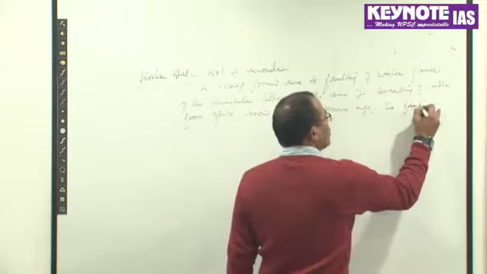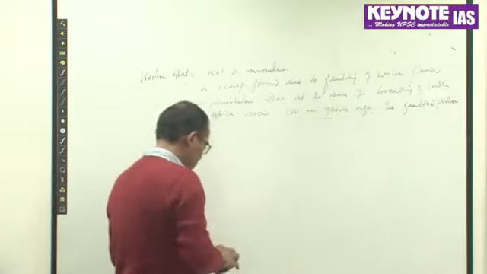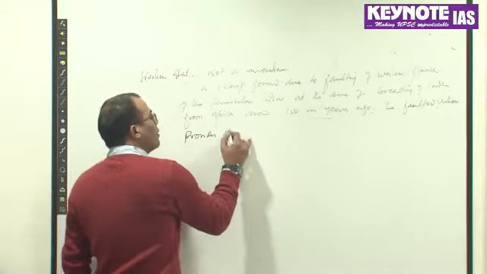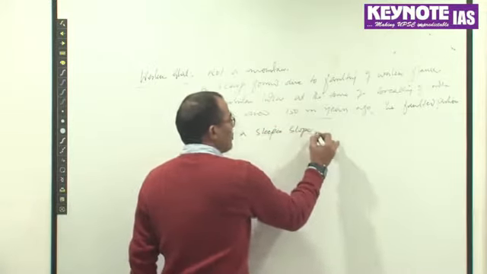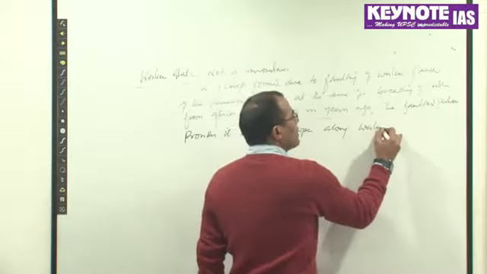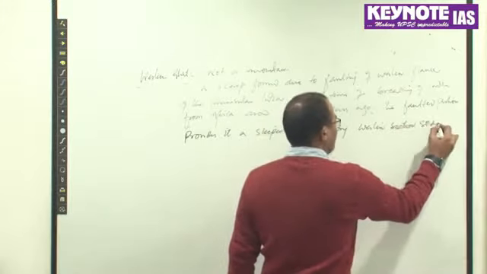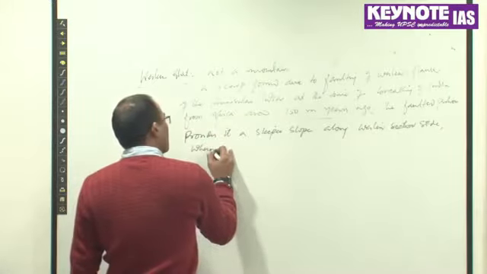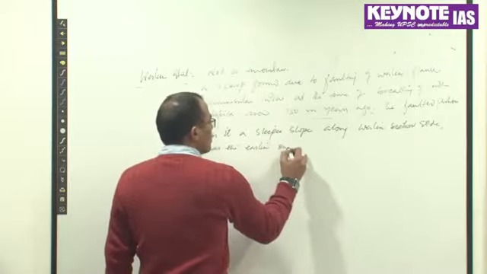The faulted portion provides it a steeper slope along the western section, western side rather, whereas the eastern one is gentler.